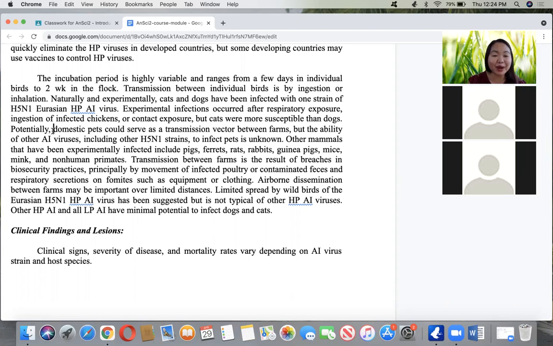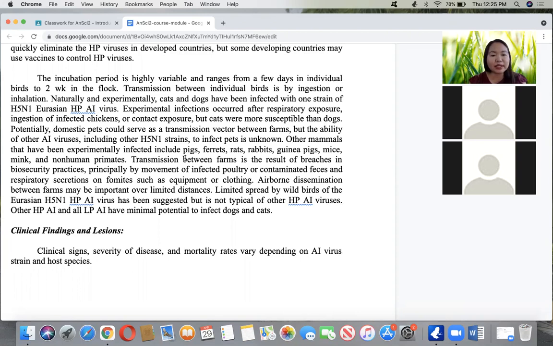So, going back to our topic, even the domestic pests could also serve as transmission vectors in the farms, where sometimes it could be unknown. Experimental infections can also occur between chickens or by contact exposure, and cats and dogs are susceptible.